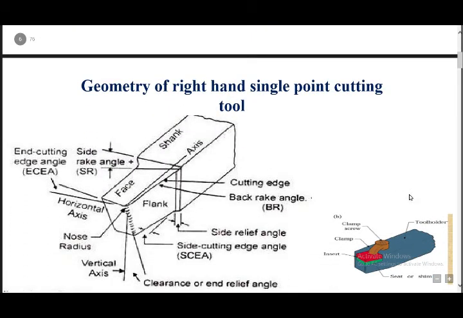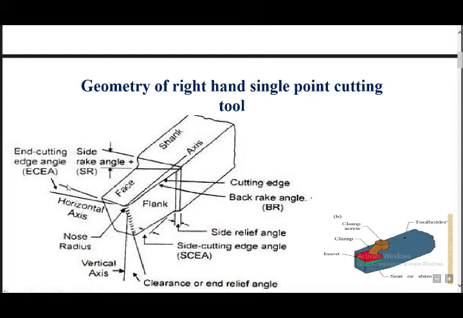In this slide you observe a 3D figure. Here this is the shank, face and flank, these are the parts, and this single point cutting tool has six tool angles. One is the side cutting edge angle, and this is the end cutting edge angle.